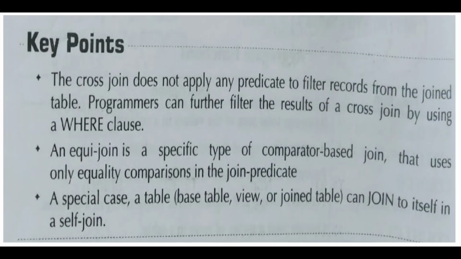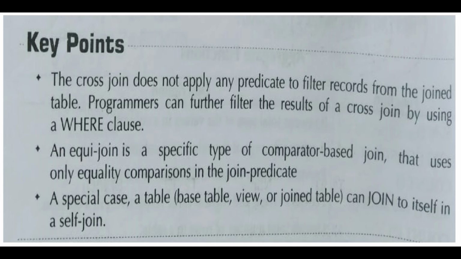Some key points of inner join. Number 1, the cross join or inner join does not apply any predicate to filter records from the joined table. Programmers can further filter the results of a cross join by using a where clause.